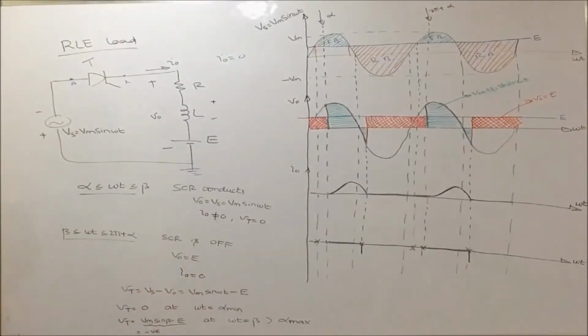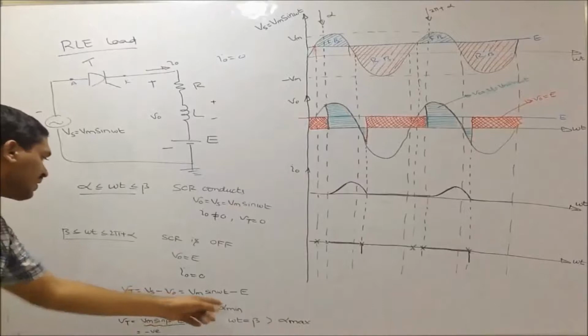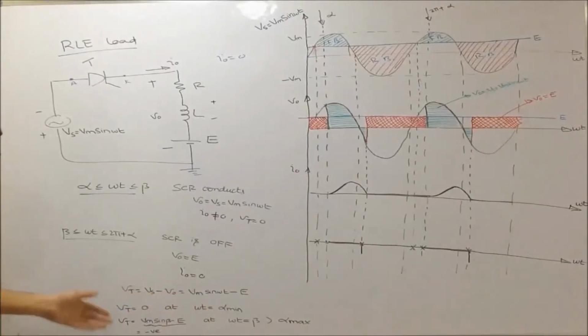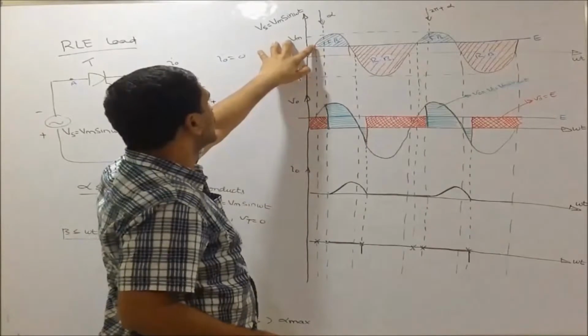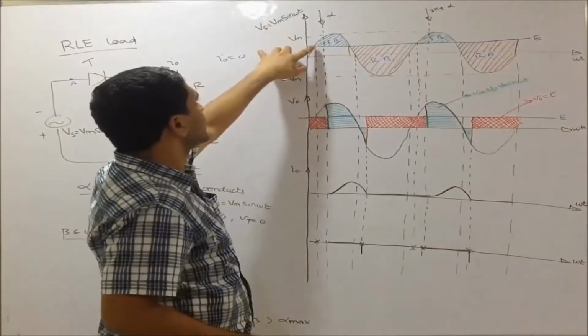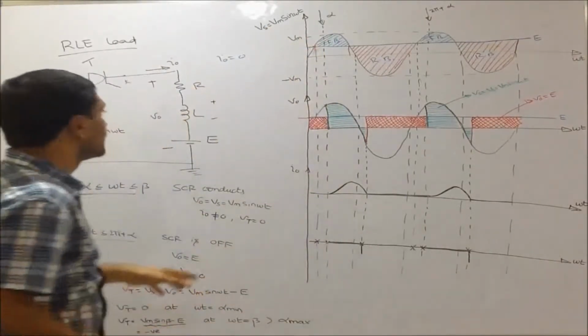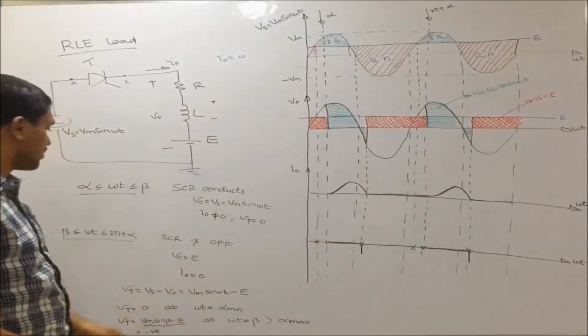Now to plot the waveform, we have to know various time instances. Let us suppose omega t equal to alpha minimum. What is the Vt value? At omega t equal to beta, what is the Vt value? If I take omega t equal to alpha minimum, my Vs, that is Vm into sin omega t, equals E. So these two differences become 0.